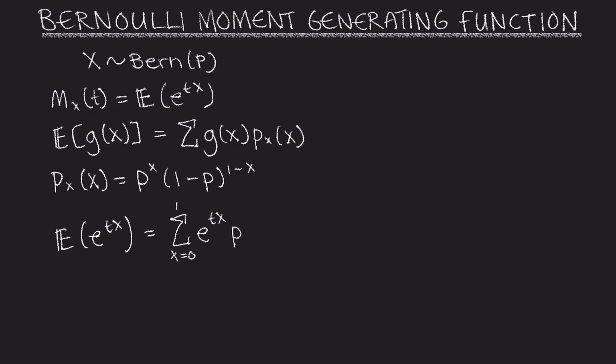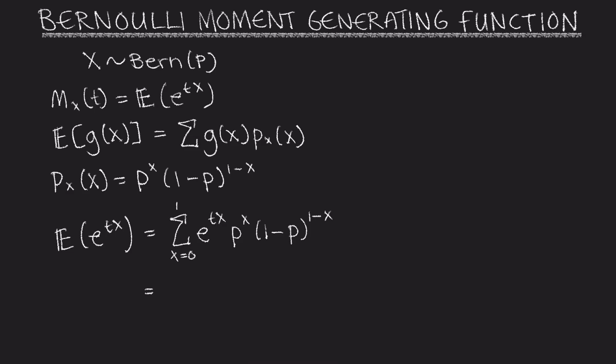So multiplied by p to the power of x, (1 minus p) to the power of 1 minus x. And then we can just go ahead and input the values of the summation because there are only two values.